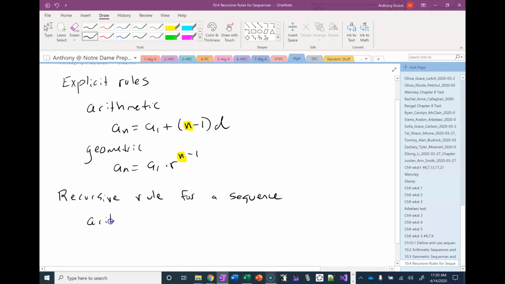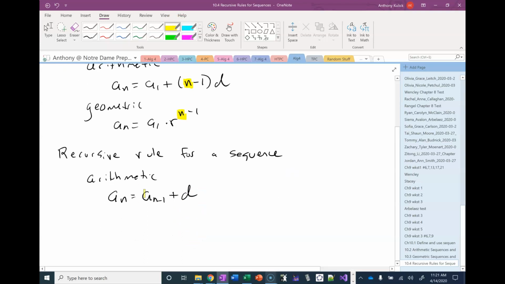So for arithmetic, our next term is equal to the previous term plus that common difference.